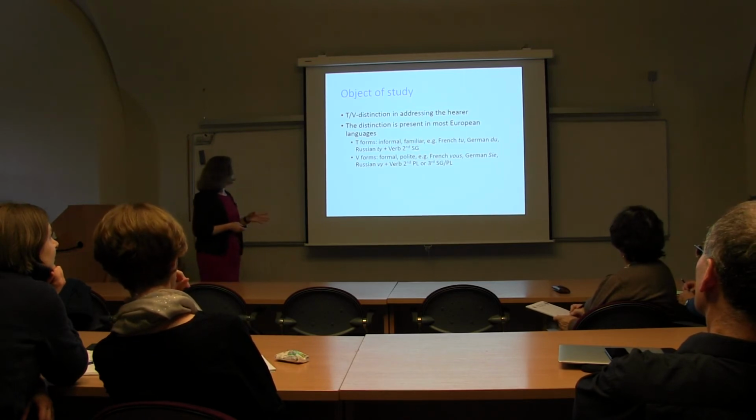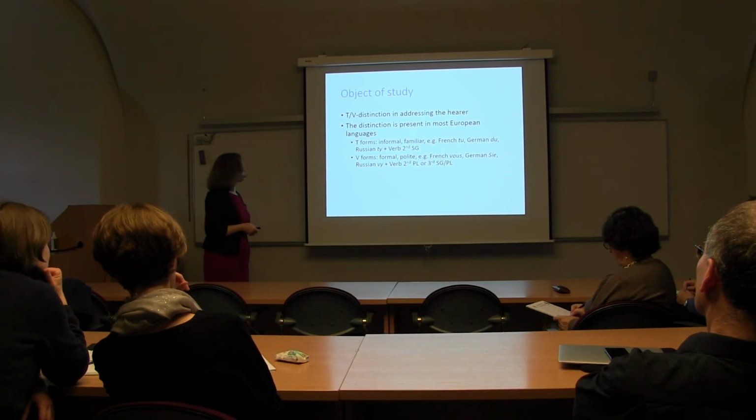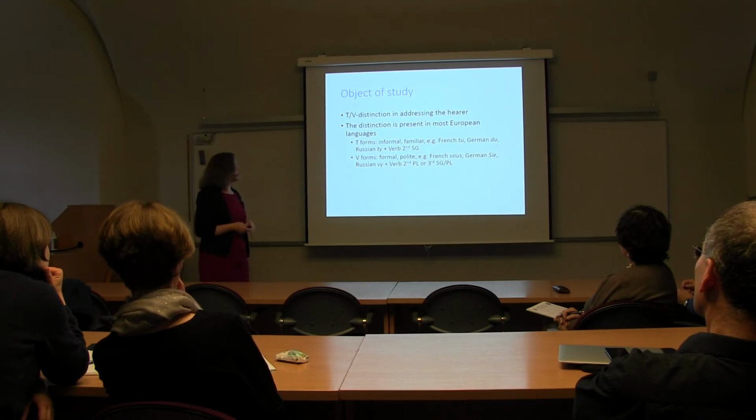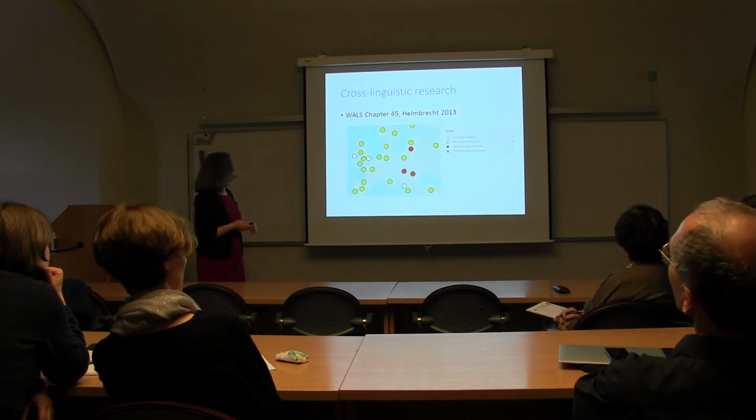And there are so-called V forms, which are formal and polite, like French vous, German Sie, Russian vi, and they agree with a verb in the second person plural or third person singular or plural, depending on the language. So these are the T and V forms that I'm going to talk about here.